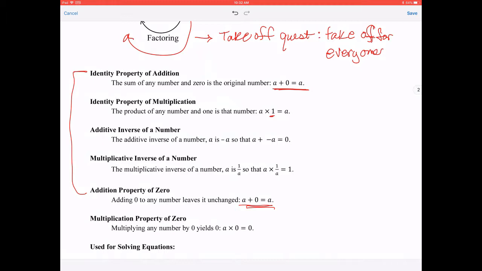The additive inverse is negative a, or negative whatever you have. The multiplication inverse is the reciprocal, 1 over whatever you have. And the multiplication property of 0 is that if you multiply by 0, you get 0. All right? Most of those we know, we just don't call them by their name.